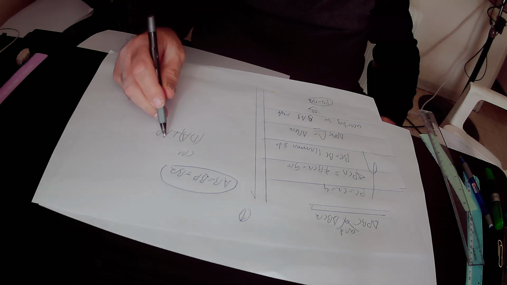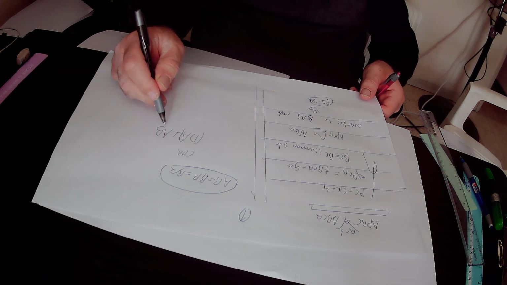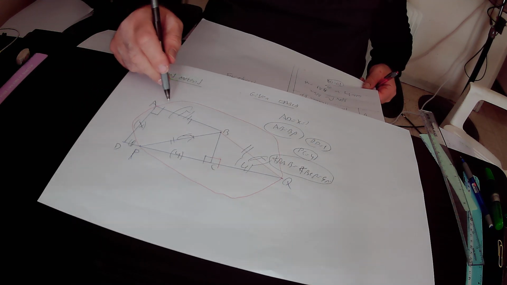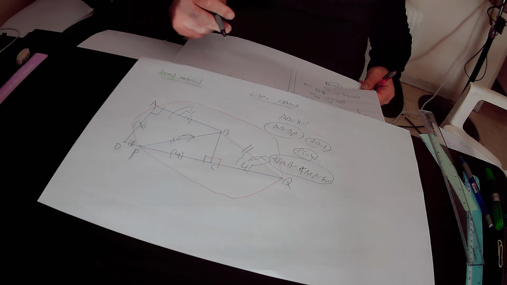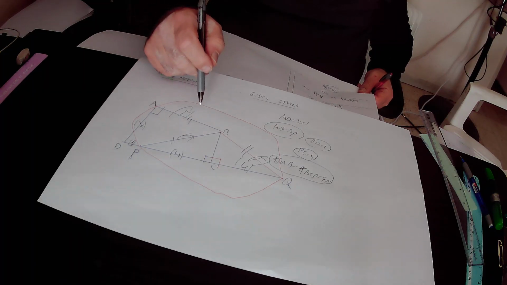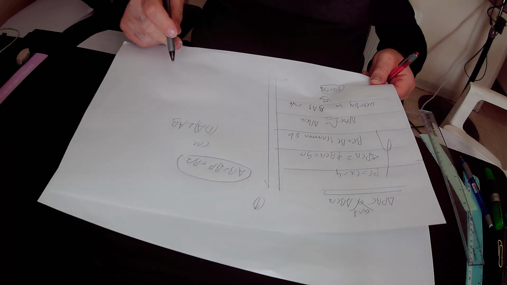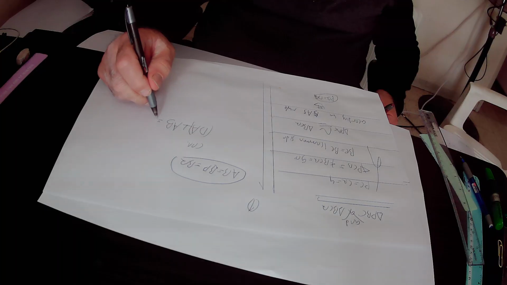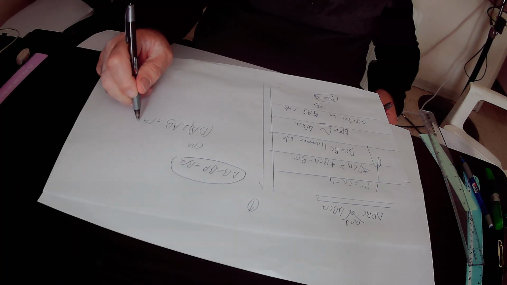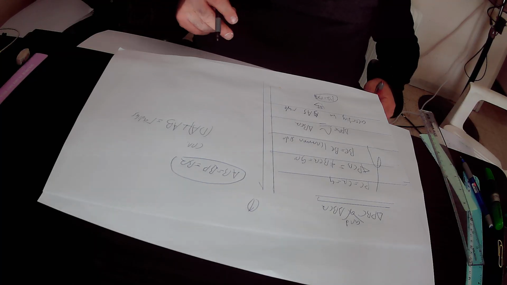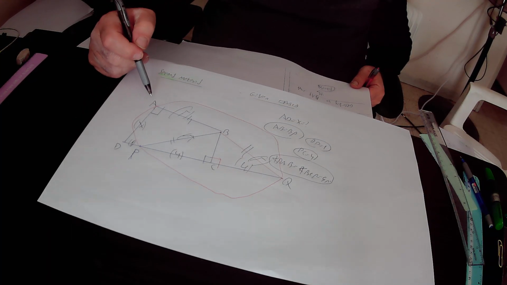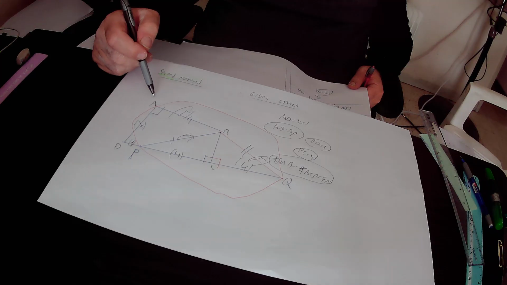DA is perpendicular to AB according to what is given in the question. And because AB is the radius of this circle, DA is perpendicular to the radius AB.